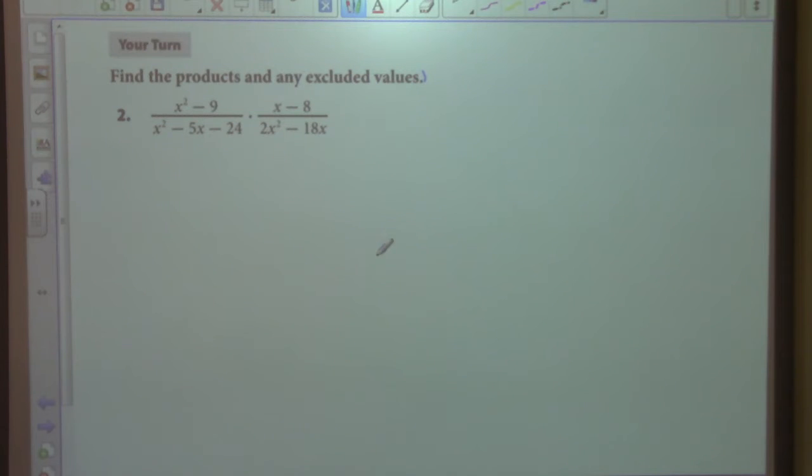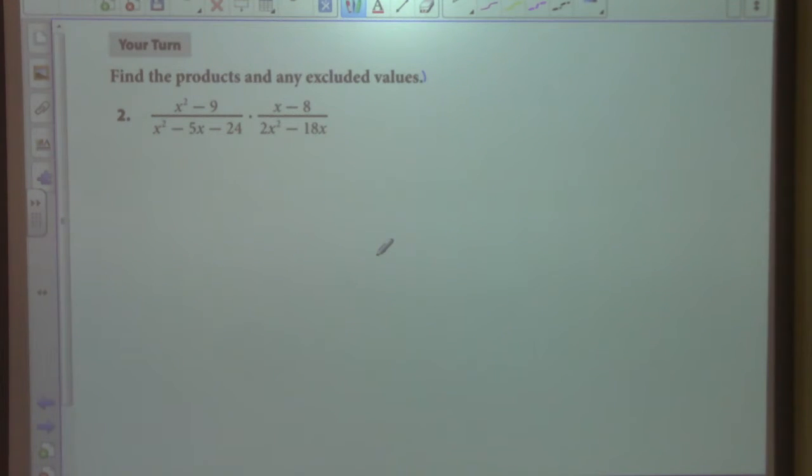Okay. Before I get started on this, do you have any ideas about what to do for this type of problem? It says find the products and any excluded values. We haven't talked about excluded values yet today, but do you remember in section 10.1 talking about excluded values? It's the value that makes the denominator of either fraction 0.